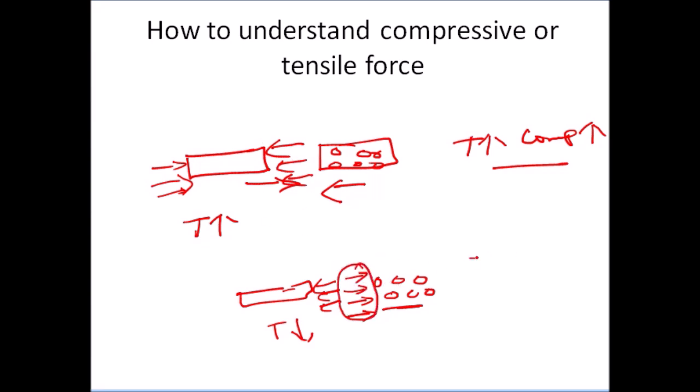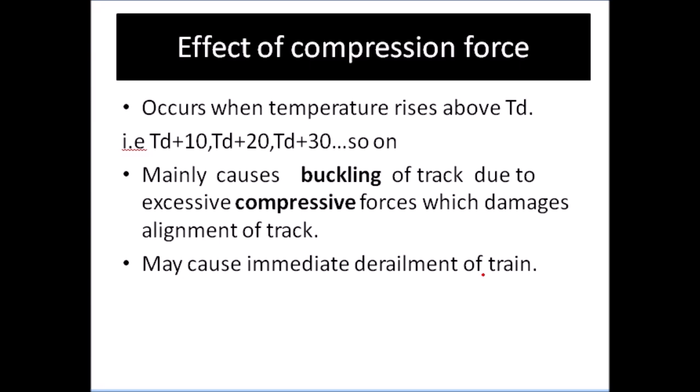Because of this tensile force applied by the ballast on the rail, when temperature falls, the LWR track is subjected to tensile stresses. So it is clear: when temperature rises, compressive stresses are developed, and when temperature falls, tensile forces are developed.